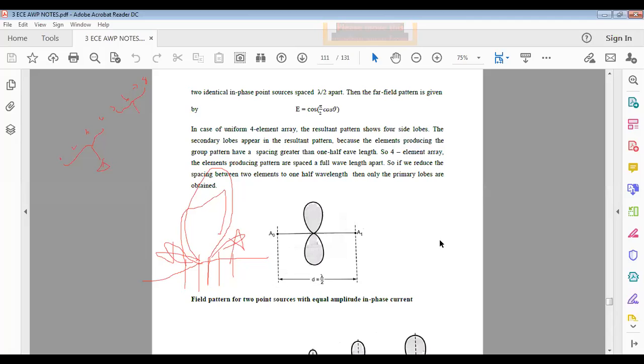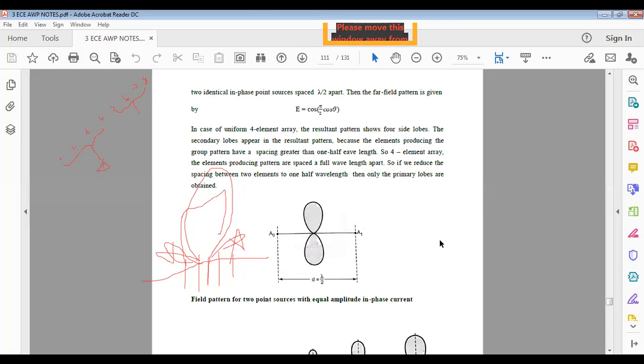So if we want to reduce the spacing between the two elements to one half wavelength: earlier, the unit pattern is the pattern for a length of lambda by 2, and the group pattern is for lambda by 4 plus lambda by 4 plus lambda by 2.